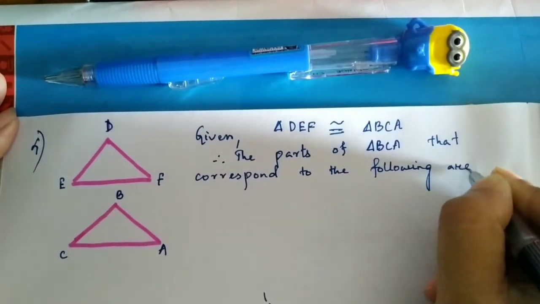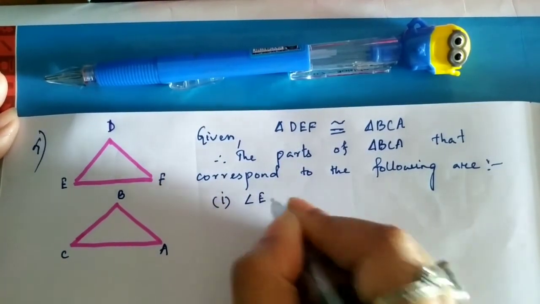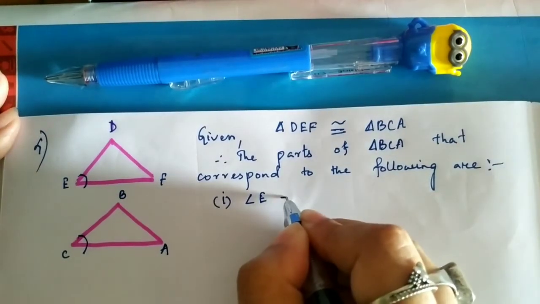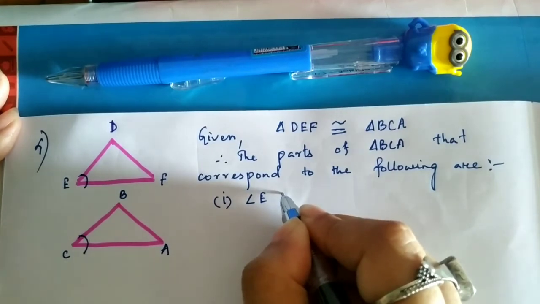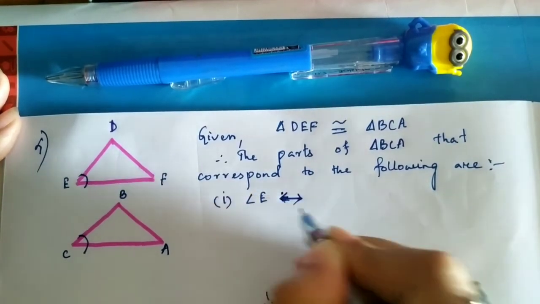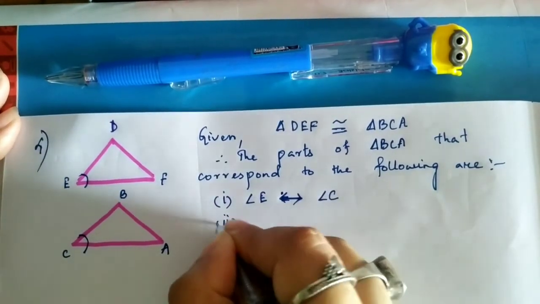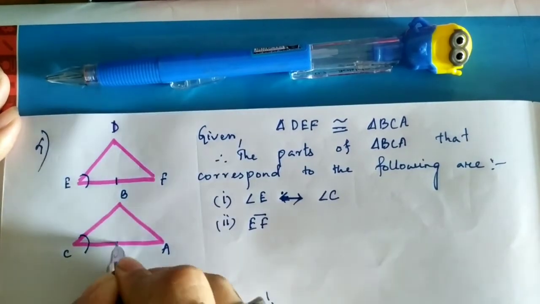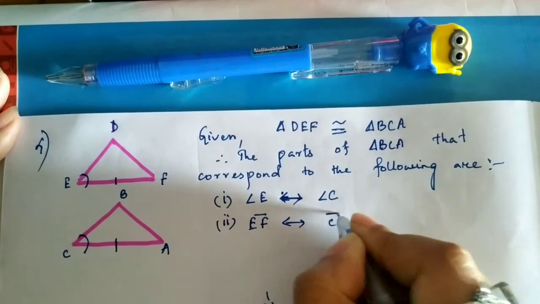What is given in number 1 is angle E. So angle E will correspond to what? Angle C. You can write equal or correspond, you can write this symbol, to angle C. Next one, number 2 is EF. The side EF corresponds to what? CA.